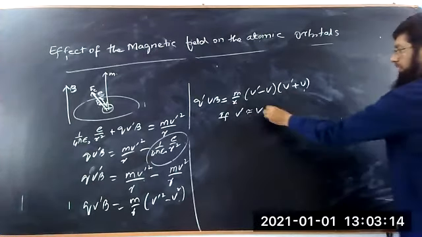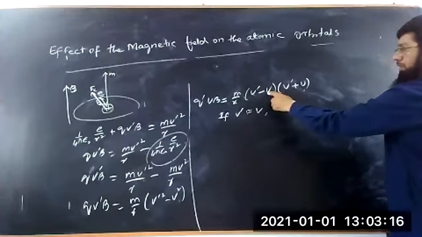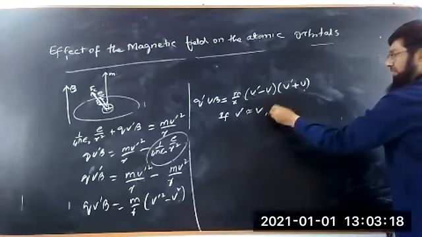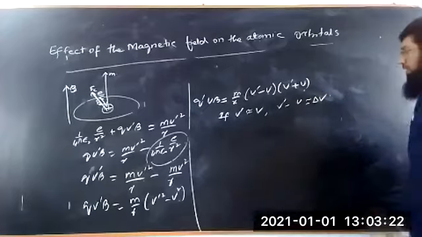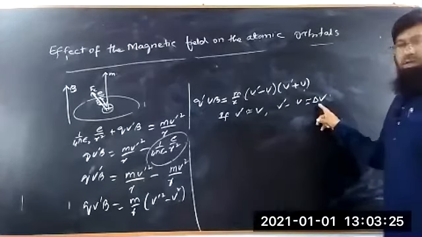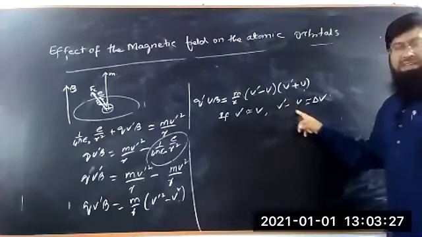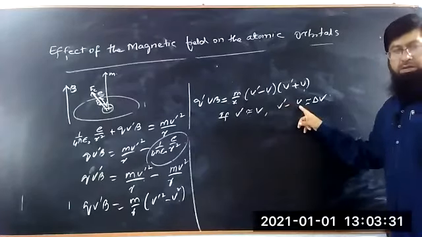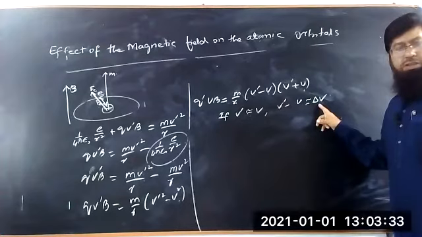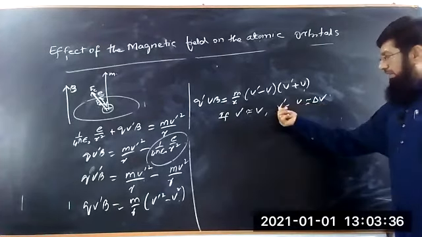Therefore, V dash minus V is known as delta V. V dash minus V is approximately equal to delta V, which is very small, because they both are not exactly equal. V dash is different from V. So I cannot substitute it here as 0 because there is a difference.